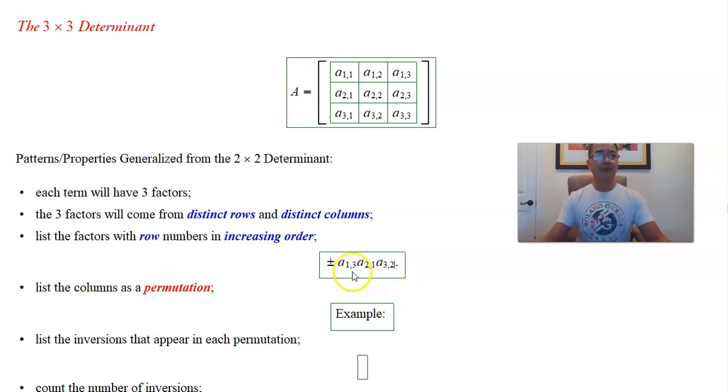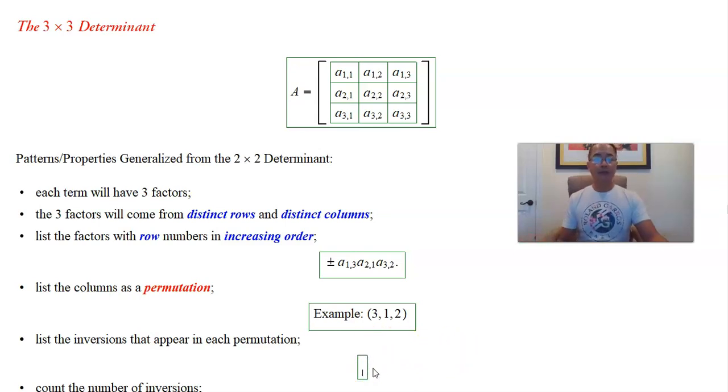Okay, so now that we have that, we will list the columns as a permutation. Okay, so what that means is that we will just write down the column numbers as they appear. 3, 1, 2. Okay, so those are the column numbers in the order that they appeared in those 3 factors.